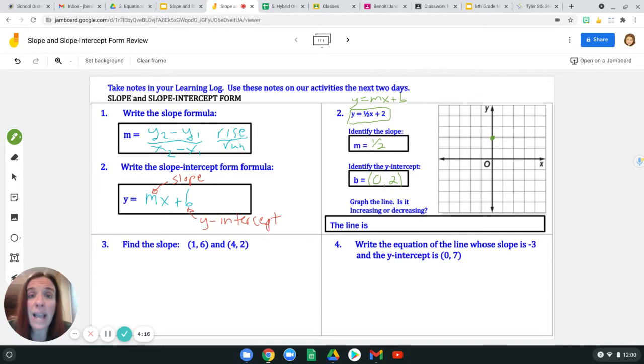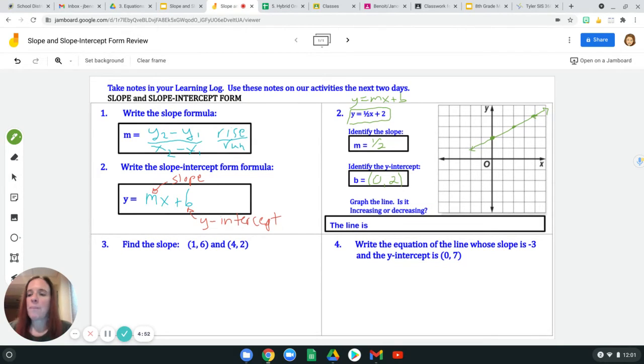Now your slope is 1/2, a rise of positive 1, so go up 1, and a run of positive 2, so go right 2. Make your dot. Do it again from that point. A rise of 1, a run of 2. And then you would use a straight edge to draw the line. A line is required, and a line has arrows at both ends.